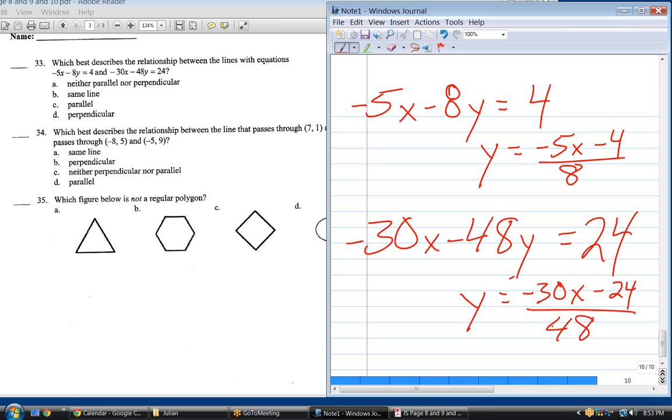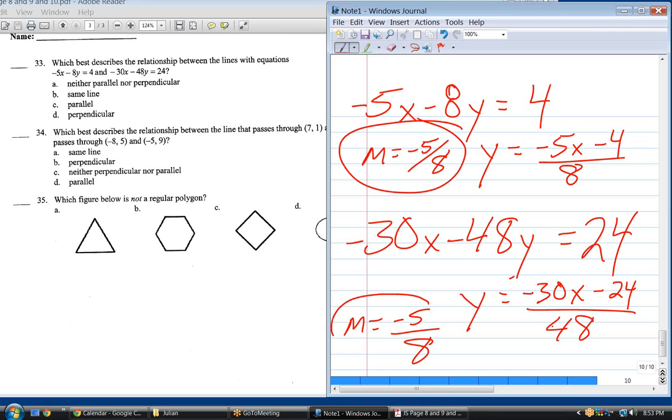So if we didn't notice that one line was exactly 6 times the other, and we set about comparing slopes, this slope is minus 5/8. This slope is minus 30 over 48, which is also minus 5/8. So if that's all the work I did, I would see that this is parallel to that, and I might answer it wrong at that point.